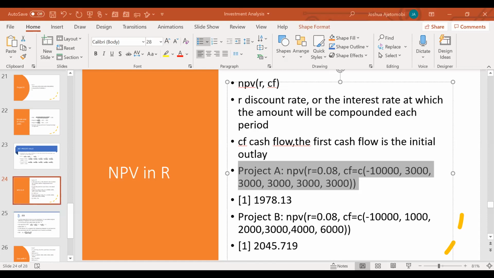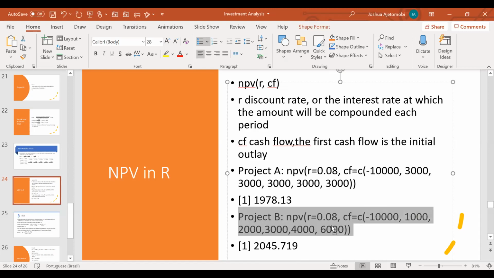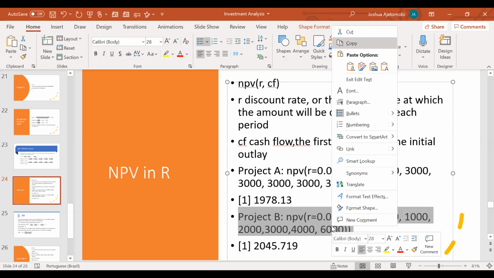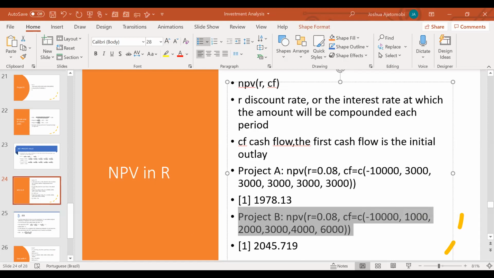And then NPV equal 0.08, cash flow equal C, minus 10,000, 1,000, 2,000, 3,000, 4,000, 6,000.